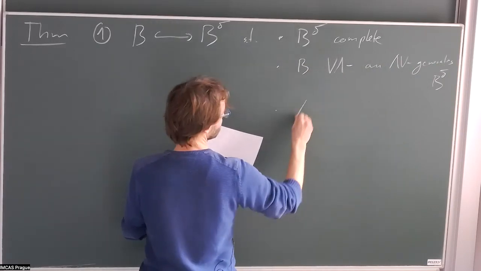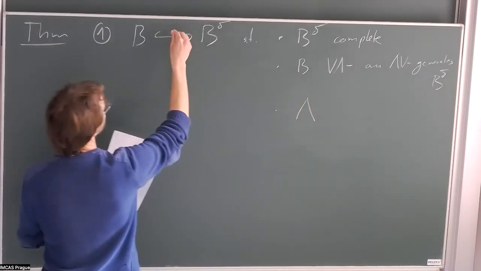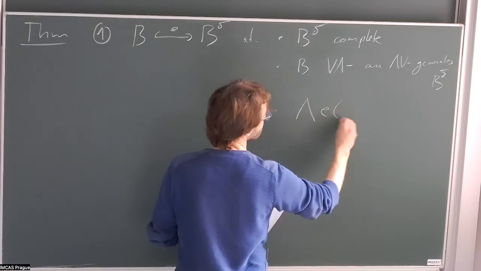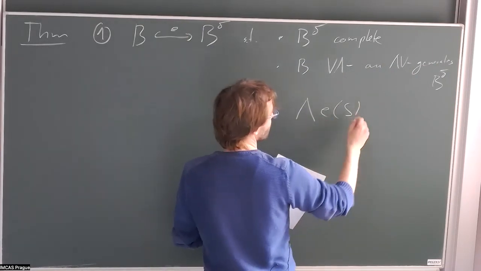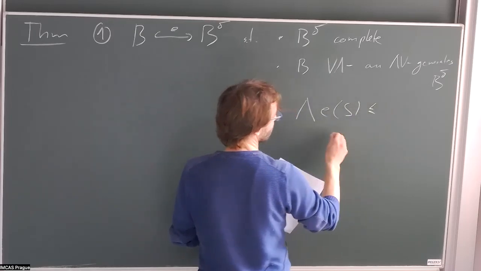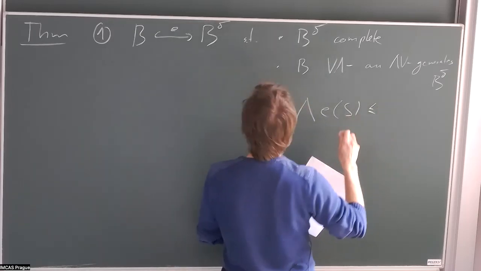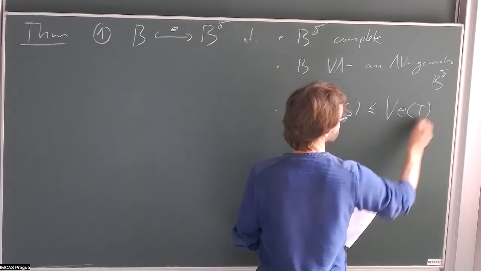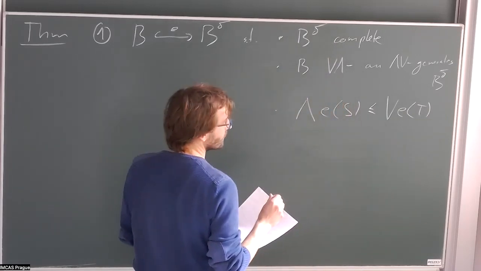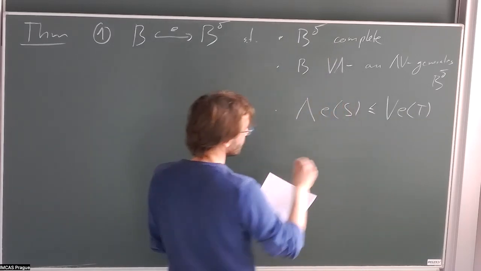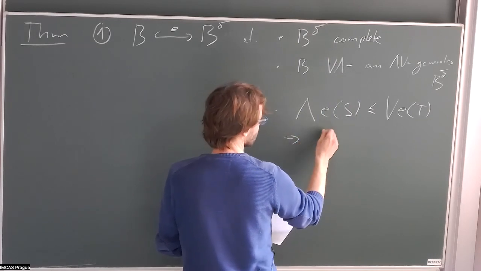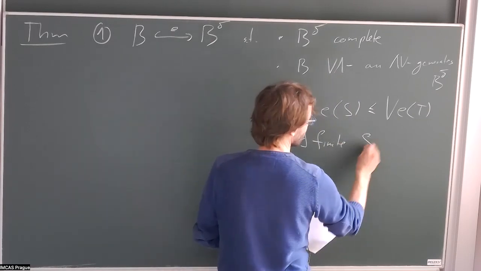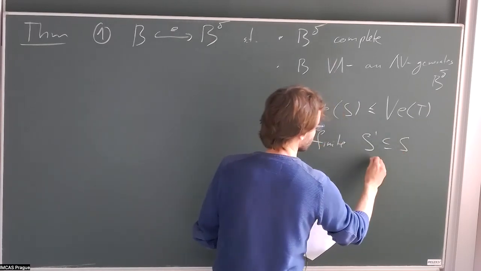So that is, if you have, let's call this embedding E. So if you have meet of some set S of elements from B less than join of some set T of elements of B, then there must be some finite subset of these two sets for which this is already true.